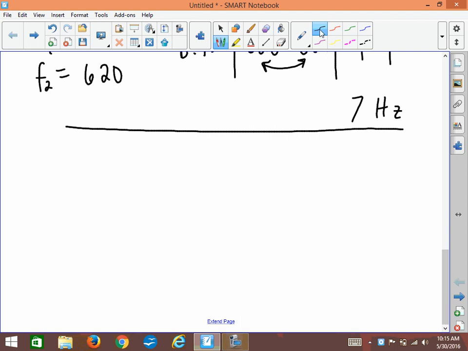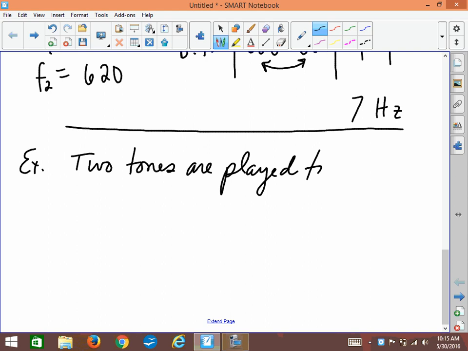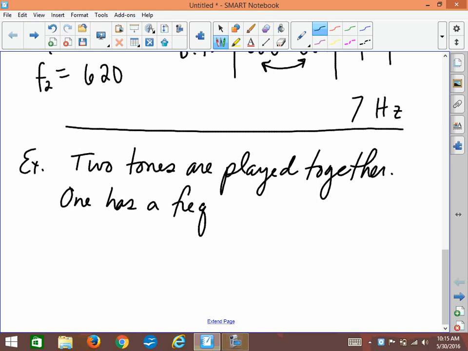So here's an example. Two tones are played together. One has a frequency of 510 hertz.